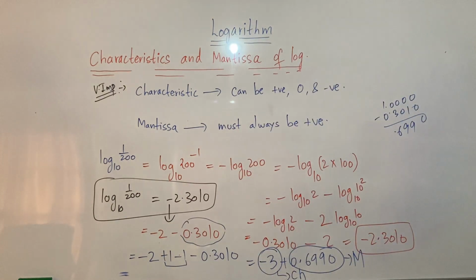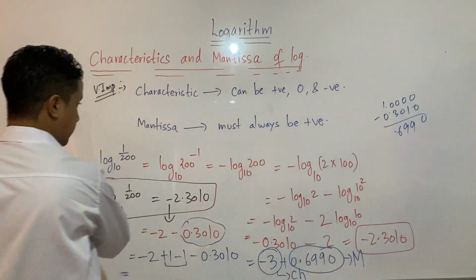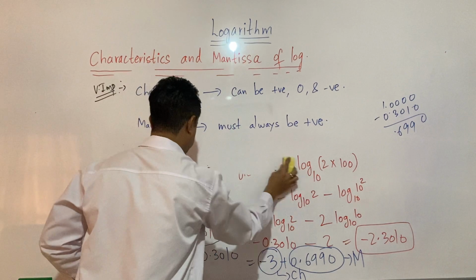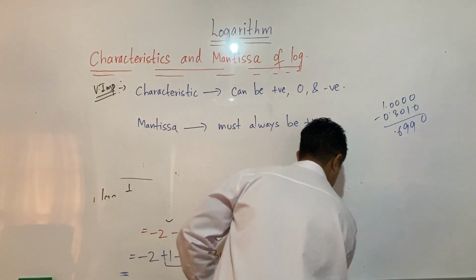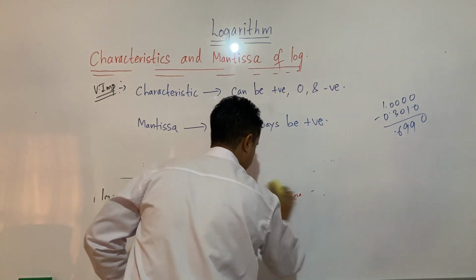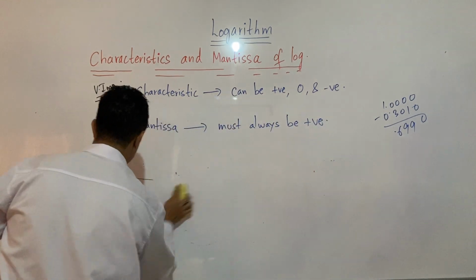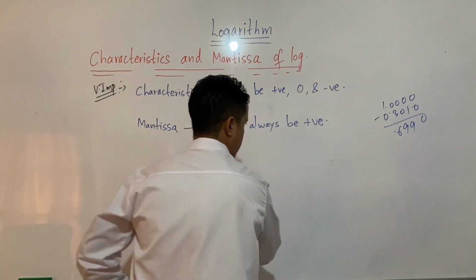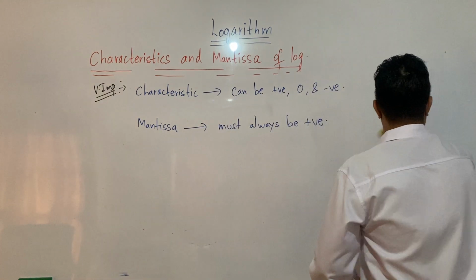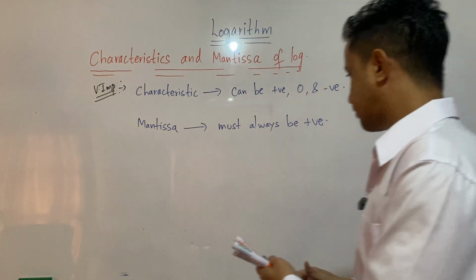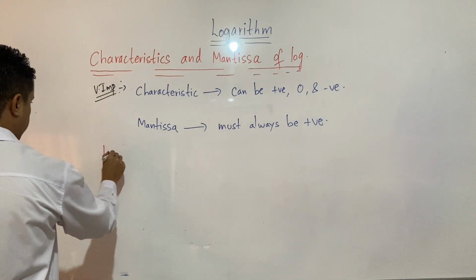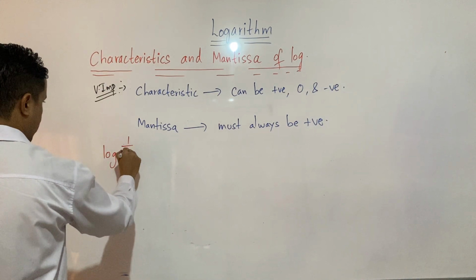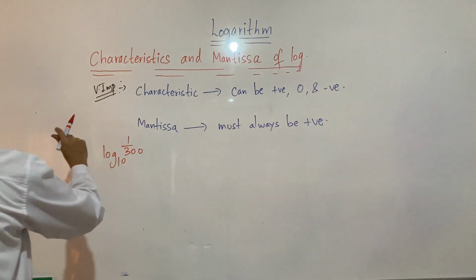All right, we can take one more example: log of 1 by 300 to the base 10.